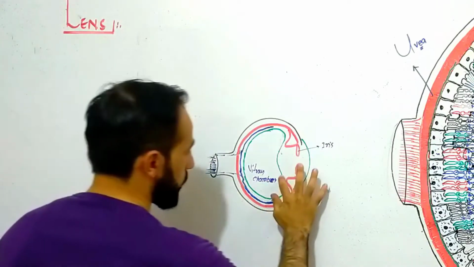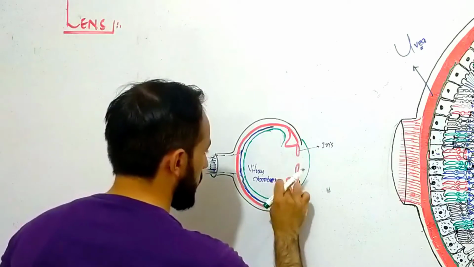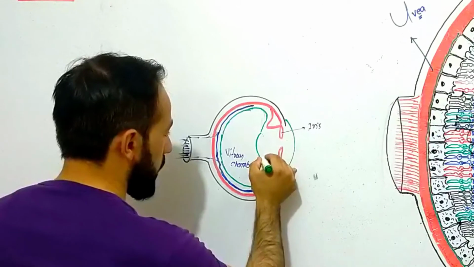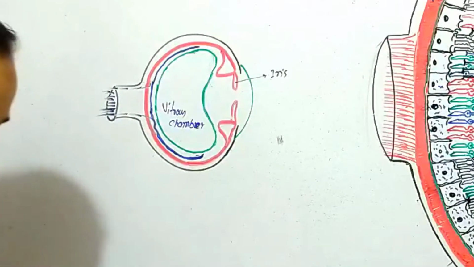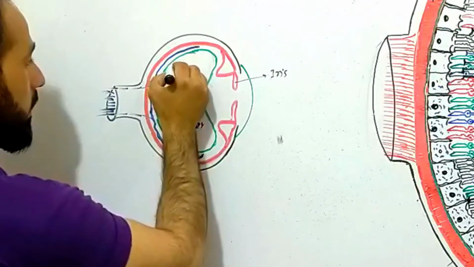In the vitreous body, you have this small depressed part, right? This depressed part of the vitreous body is called the patellar fossa, right?